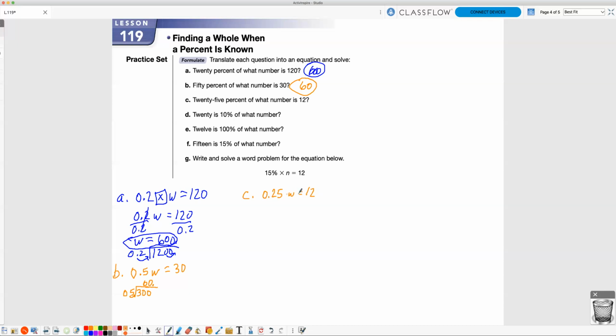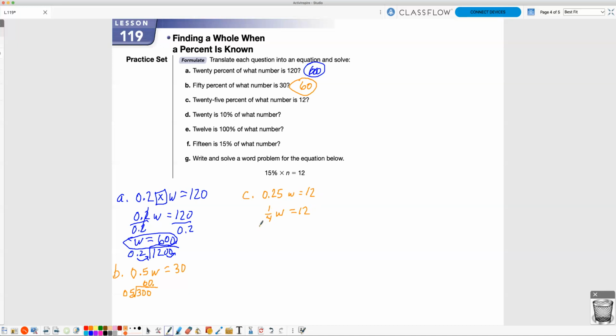So I think I'm going to convert this one into a fraction because those would be more compatible numbers in this case. 12 and 25 hundredths are not so compatible. So I'm going to say 1/4 times W equals 12. And those numbers look a little more manageable to me.